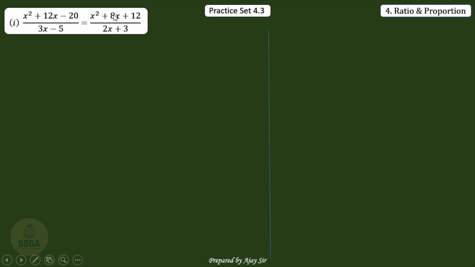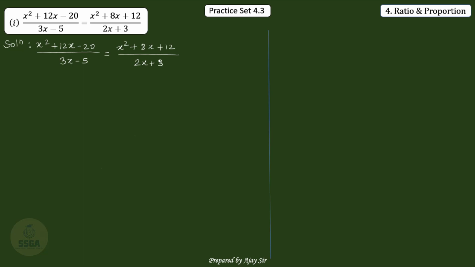So like the other part of the numerator you can convert, and by using the dividendo property you can cancel those terms in the numerator. Means this term will get reduced. Solution: given question, first you have to write x square plus 12x minus 20 divided by 3x minus 5 is equal to x square plus 8x plus 12 divided by 2x plus 3.